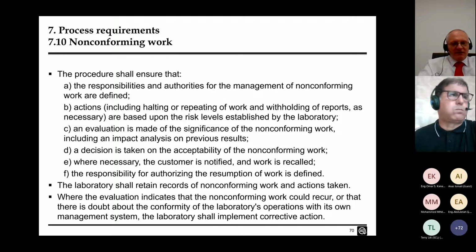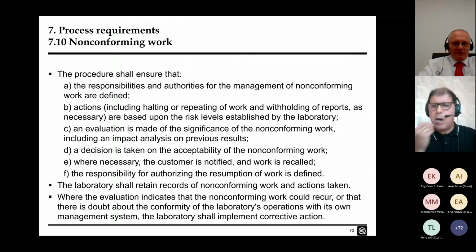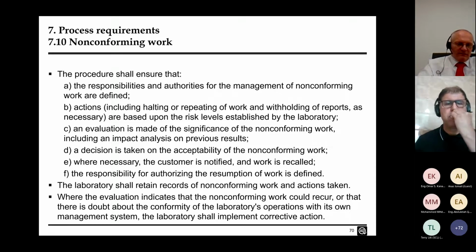We need to make a decision on the acceptability of the non-conforming work. Maybe it's out of specification, but maybe everything we've done within the uncertainties that we've allowed will still be fine. We have to tell our customer if necessary, and we have to recall the work, and we have to have responsibility for authorizing the resumption of work.